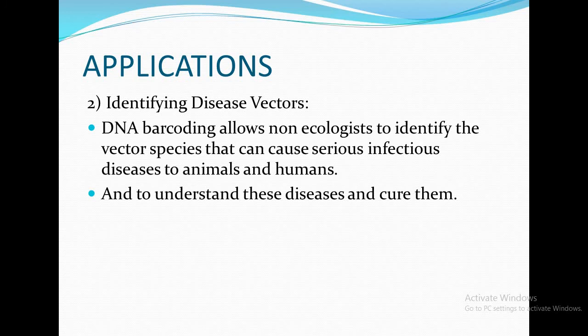Second one, identifying disease vectors. DNA barcoding allows non-ecologists to identify the vector species that cause serious infectious diseases to humans and animals, and understand these diseases, their mechanisms, their treatments, and cure them.